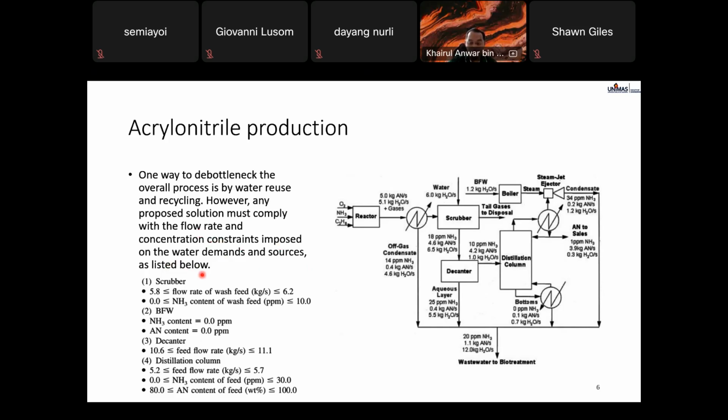So right now we are doing the cascading after this to identify what is the pinch for this system.